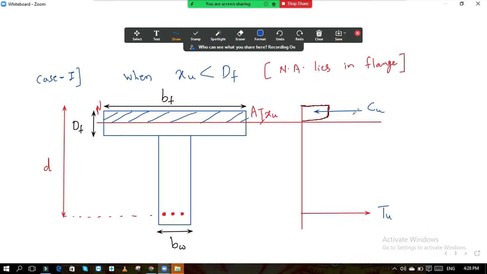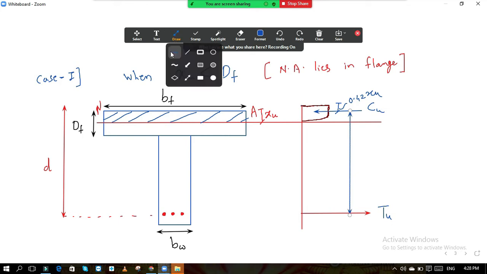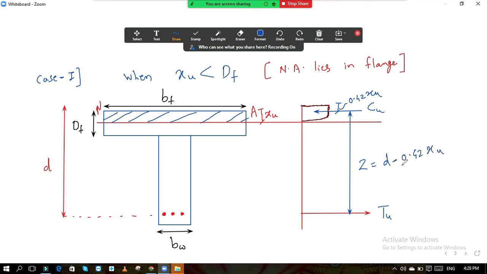Then what is Z? All the rest of the things will remain the same. At what distance will it act? It is 0.42 XU. So what is the distance between the two? Z, the lever arm. So lever arm Z is equal to D minus 0.42 x.